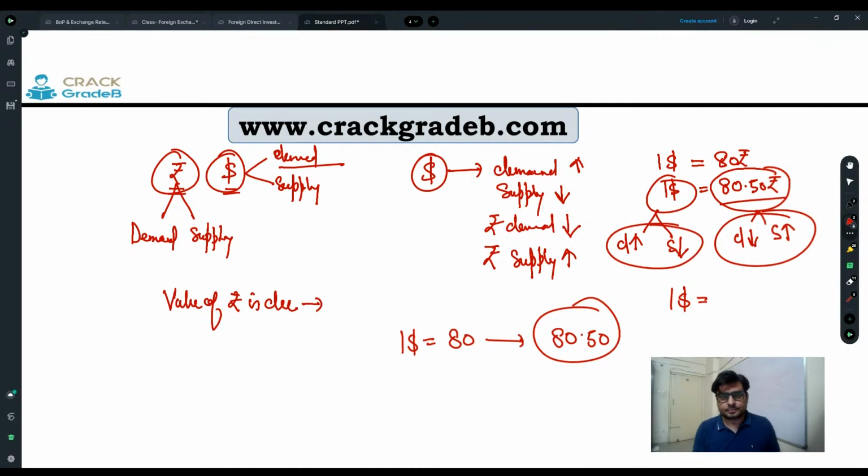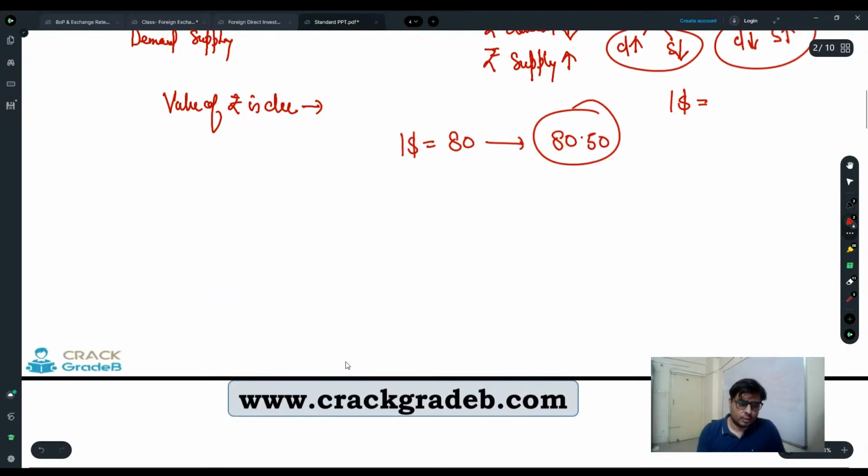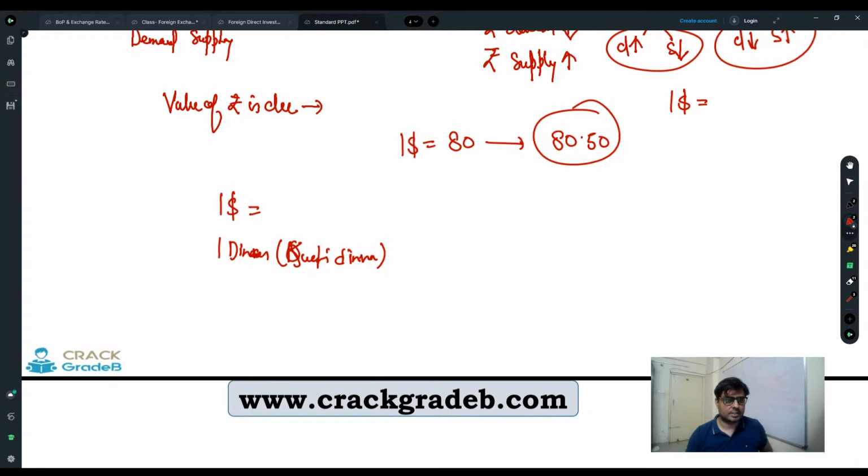For example, if you see the dollar and the dinar, especially the Kuwaiti dinar, I'll check what the exact exchange rate is.